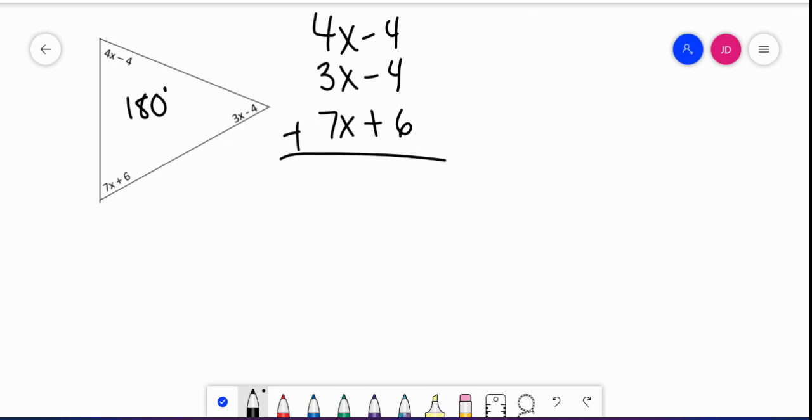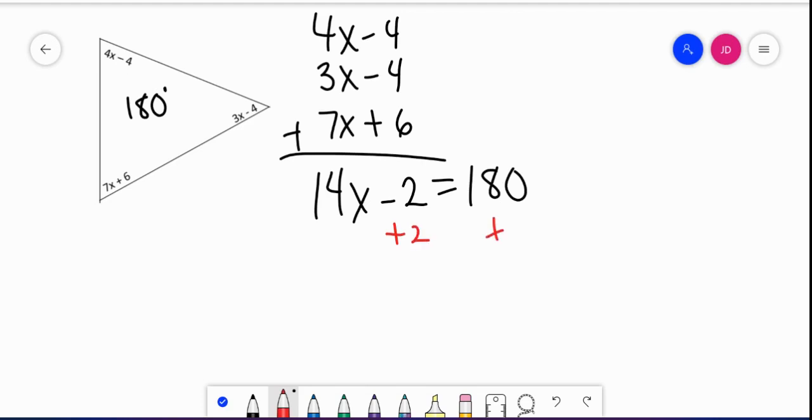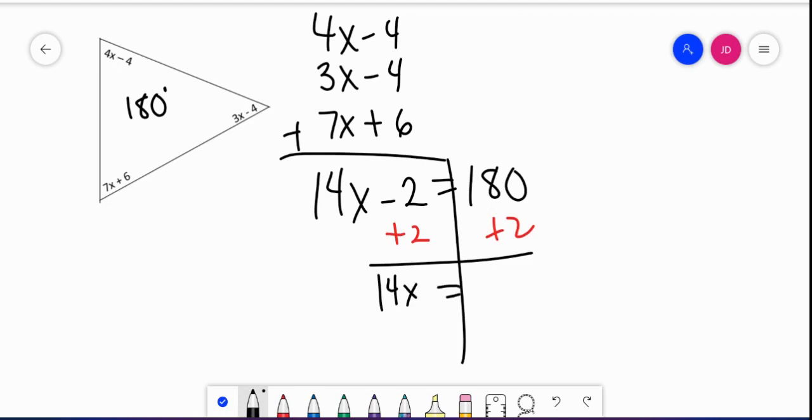I'm going to add up all those together, and we know it's going to equal 180 degrees at the end. So 4x plus 3x plus 7x is 14x. Negative 4 plus 6 is negative 2. And I got a nice two-step equation. So we have 14x equals 182.